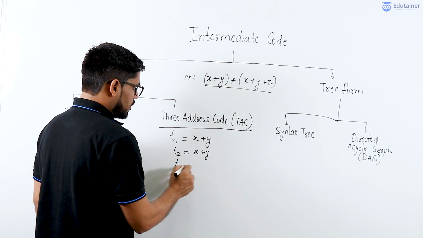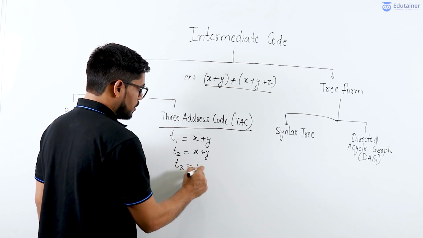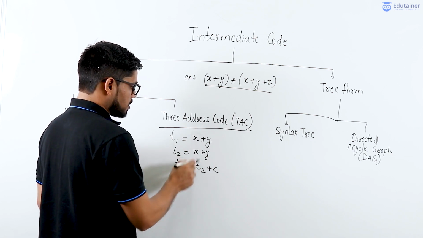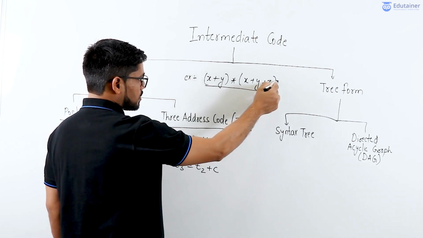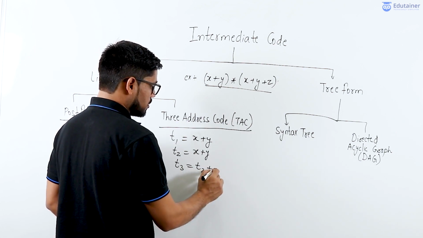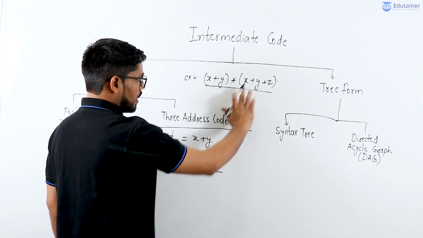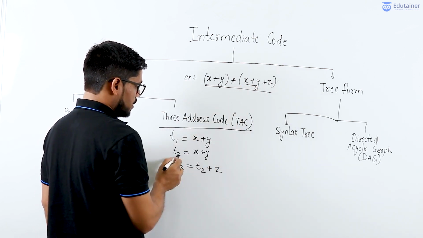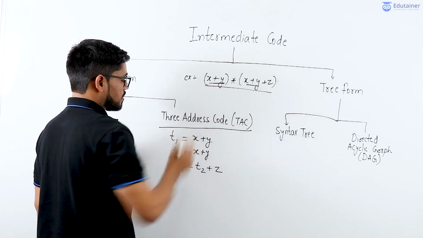Temporary variable t3 contains t2 plus z, so x plus y plus z is t3, and x plus y is t2, and t1 is nothing but x plus y.